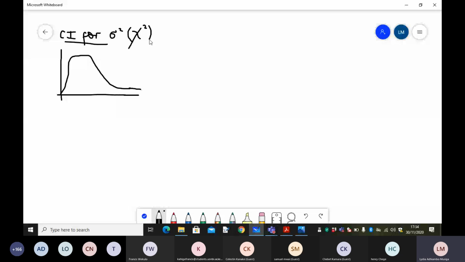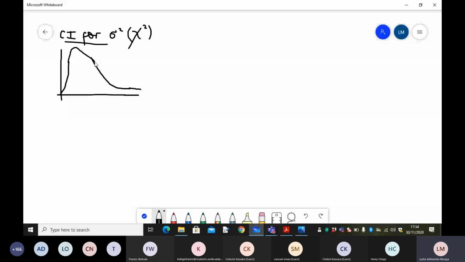And we had said that the chi curve is right skewed.